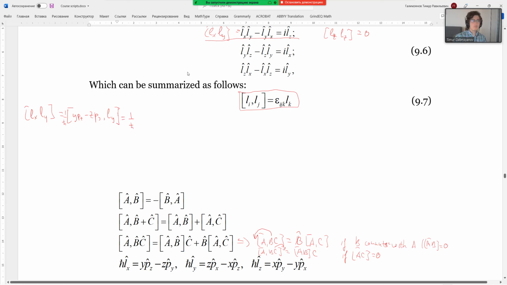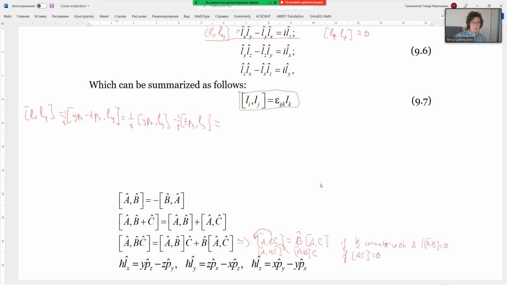So 1 over h bar, y pz Ly minus z py Ly. So here I wrote down the specific case when either B or C commutes with A. In that case, if B commutes with A, you can just move B in front of this commutator and get this term.